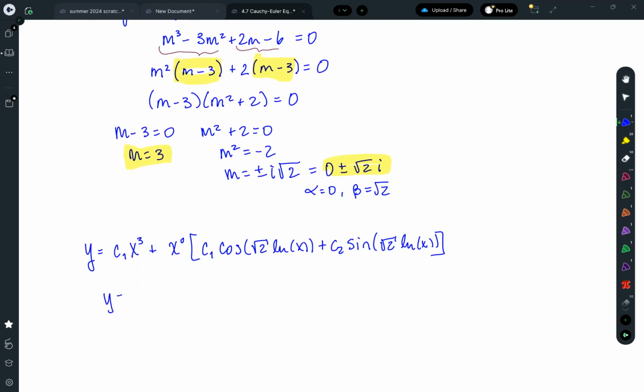So I'll just write y is equal to c1 x cubed plus, oh, hold on, those should be c2 and c3 inside since I already used c1.